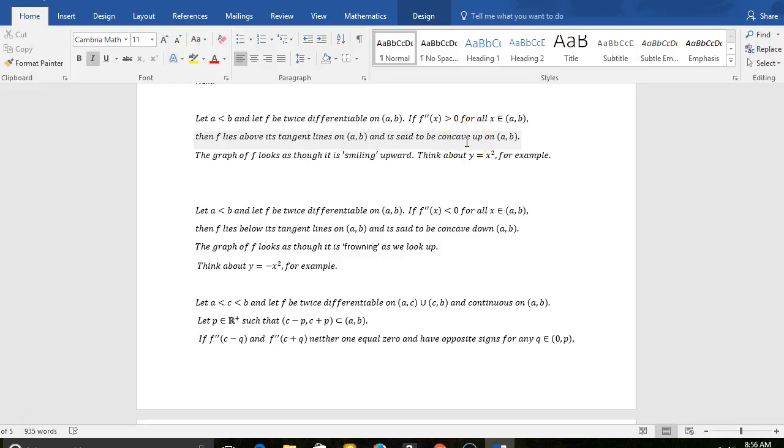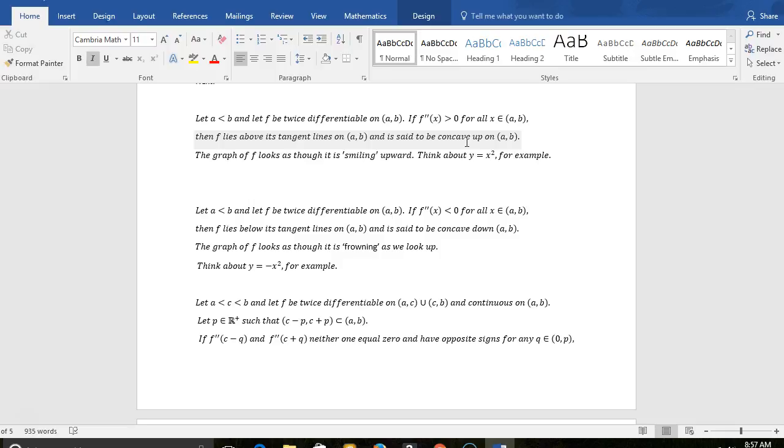But the native definition of concave up is this. The smiling definition is good, but it's too informal. A more natural, slightly more formal definition is that the graph of a function is concave up if it lies above its tangent lines.